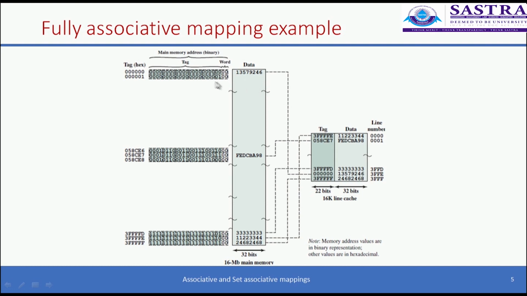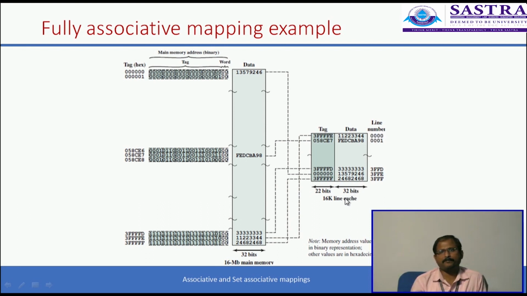So, for example, block 0 is mapped on line 3FFE, and this one is mapped on line number 0001. This one is mapped on the line number 0000. The idea is any block may be mapped on any cache line.